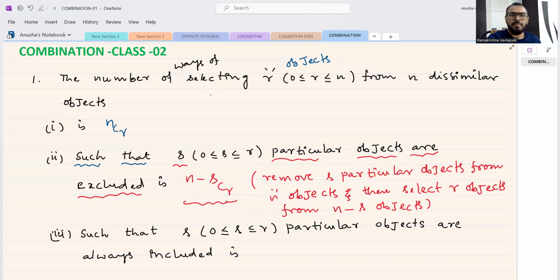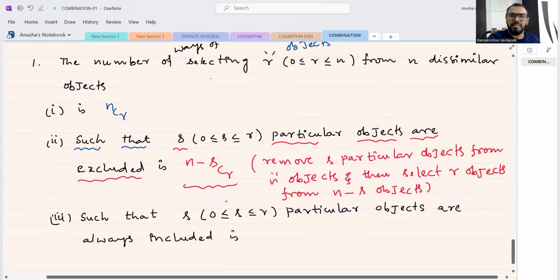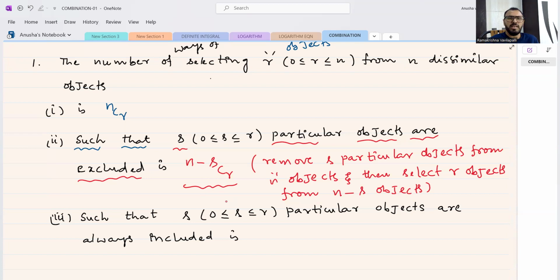Now, what happens if we include them? The number of ways of selecting r objects from n dissimilar objects such that particular objects are always included.